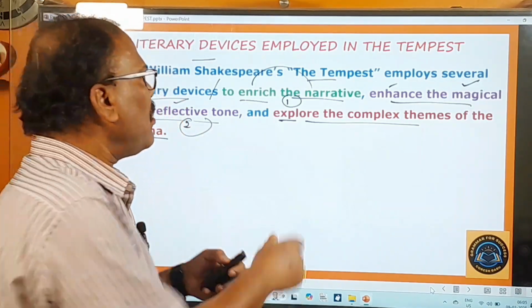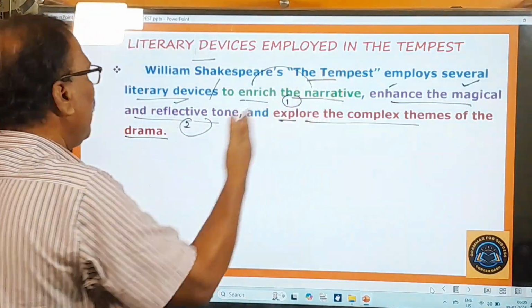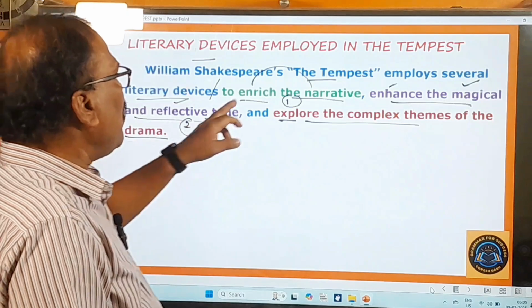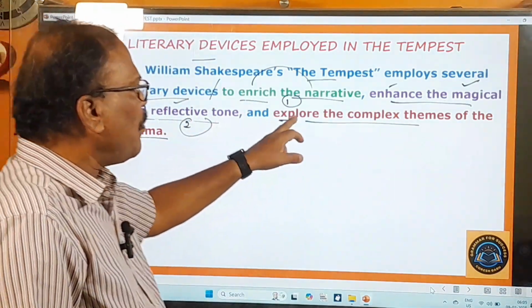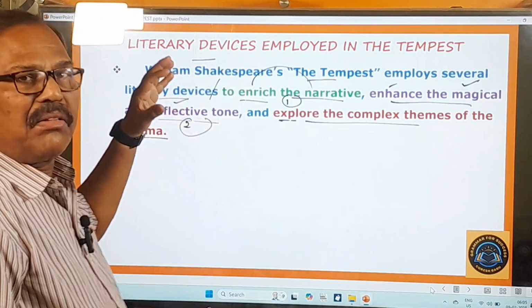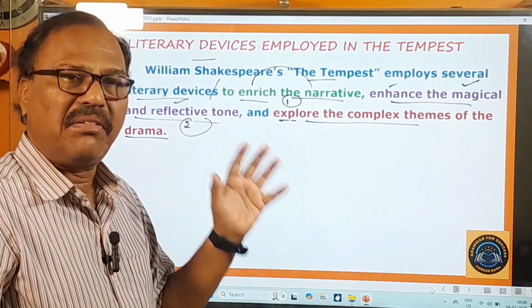So in order to study the complex themes of that drama, several literary devices have been used. In this way, in order to enrich the narrative, enhance the magical and reflective tone, and explore the complex themes of the drama, for all these purposes, the writer has made use of several literary devices.